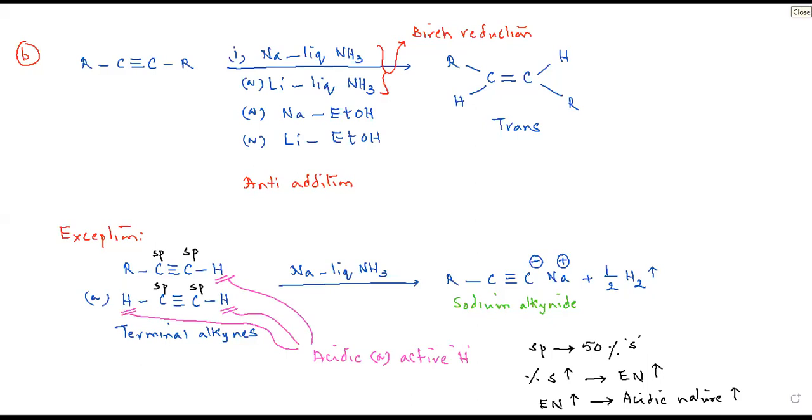So hydrogens attached to a triple bonded carbon, nothing but the sp hybridized carbon, are acidic or active hydrogen. This is interesting. Except when you have terminal alkynes, you get a trans alkene. So this is about hydrogenation, of course, partial.